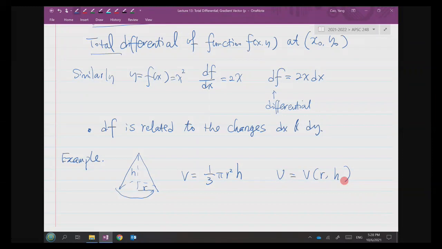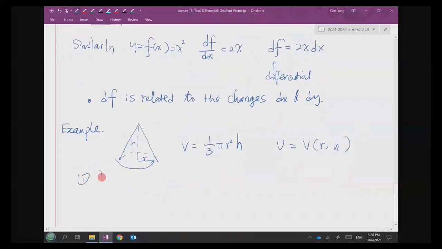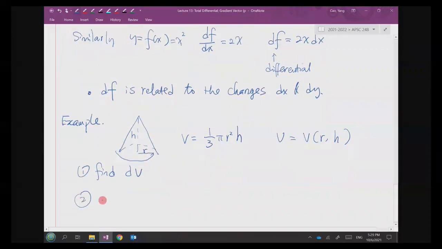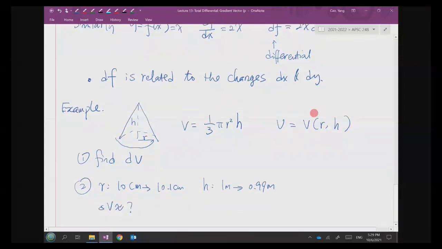A very common question like this is, number one, find the total differential dV. And then number two, suppose r goes from 10 centimeter to 10.1 centimeter, h goes from 1 meter to 0.99 meter, and then it asks you, can you find approximately the change in the volume, delta V?